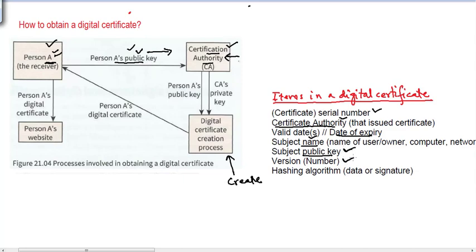It also includes version numbers. If some information changes, you might want to update your digital certificate, so the version number changes with time.